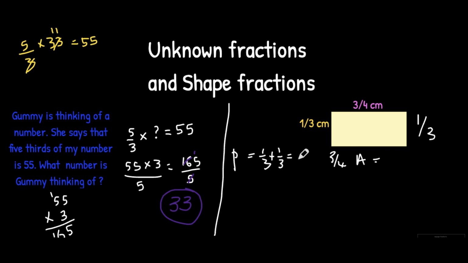Remember, when the bottoms are the same, you just add the tops. That's 2/3. Then 3/4 plus 3/4: the bottom stays the same, add the top. 6/4.